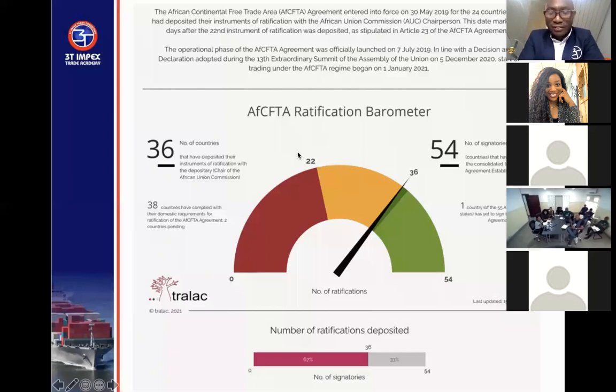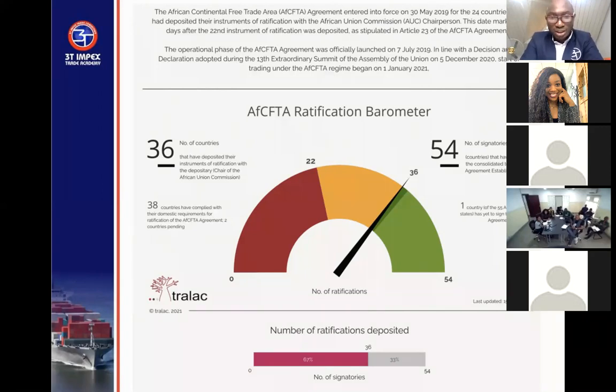Currently, 54 countries have signed. Out of 55, only Eritrea is yet to sign. 22 countries are required to ratify and deposit their ratification instrument before the agreement can take off.